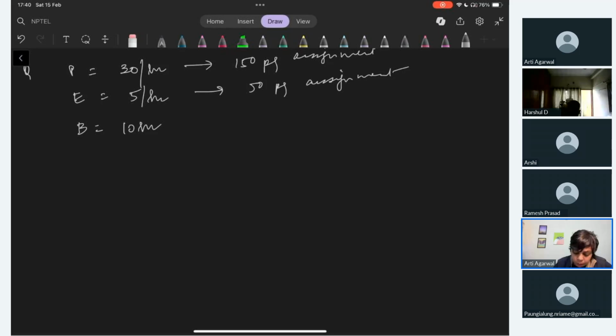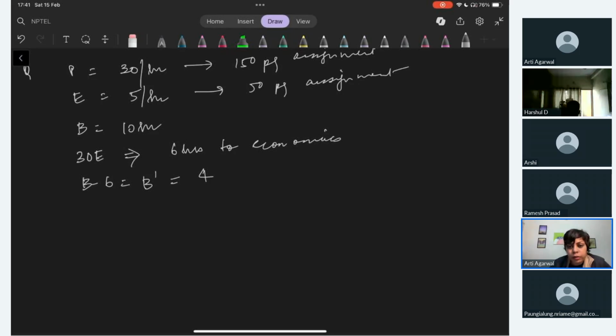So 30E. 30 pages is like how many hours? 7 hours? Sorry, 6 hours. She's doing 5 pages per hour. Therefore, 6 hours to economics. That leaves her B minus 6, which is B prime, equal to 4 hours. Okay.